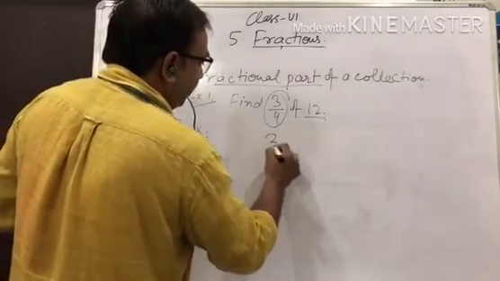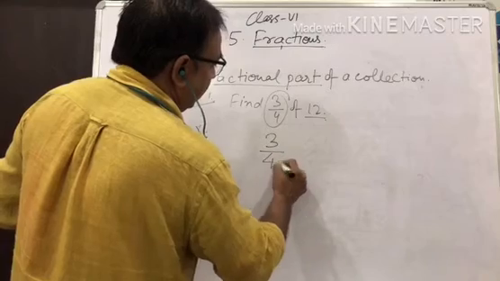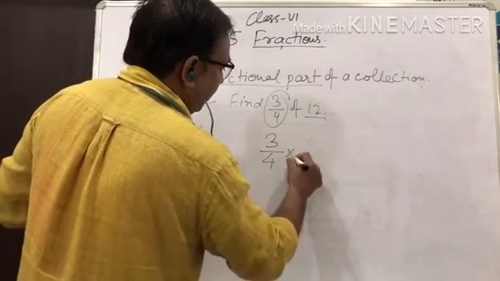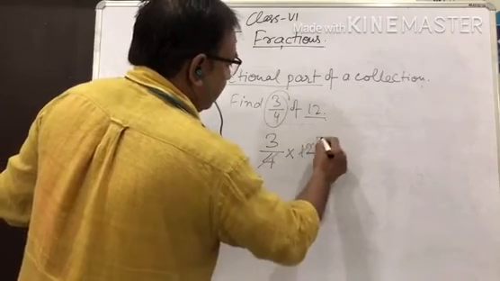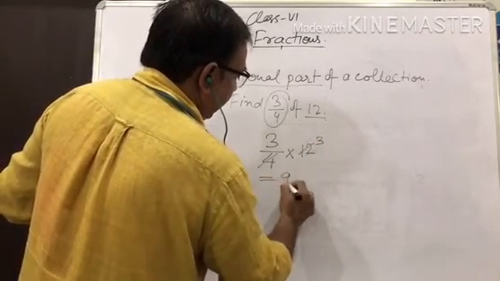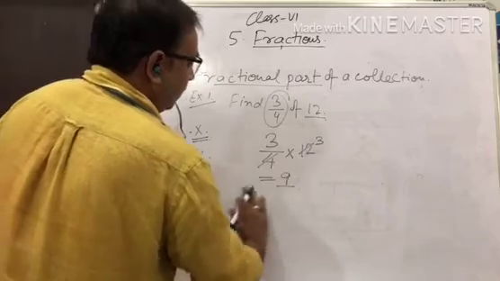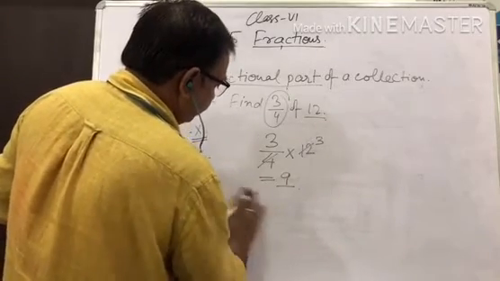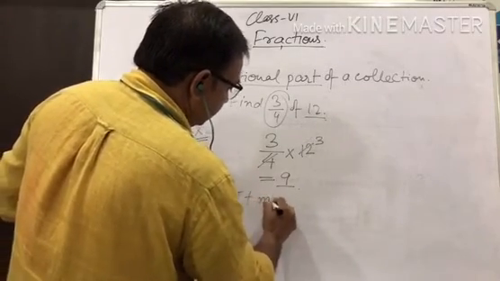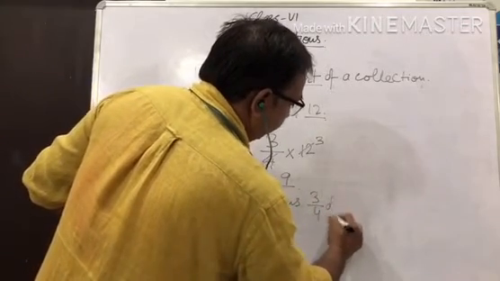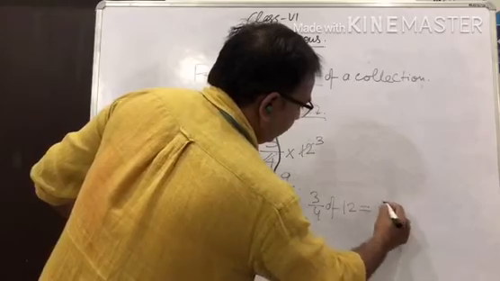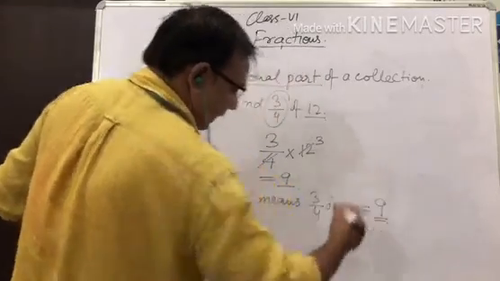So you have to solve it like this: 3 upon 4 multiplied by 12. Okay, and 4 3s are 12. So it becomes 9. It means 3 upon 4 of 12 is equal to 9. This is our answer.